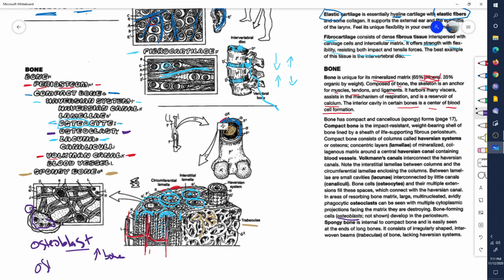Osteoclasts break down the bone. Because if osteoblasts are left to just continue to make more and more bone, our bone would get out of control and grow to be too much. We have osteoclasts to break down some of the extra bone and mold and shape the bone the way it needs to be.